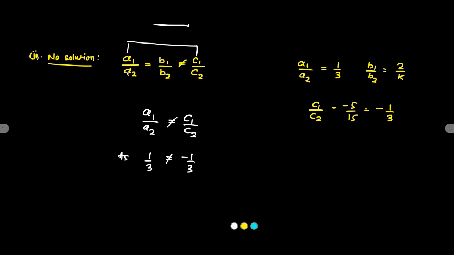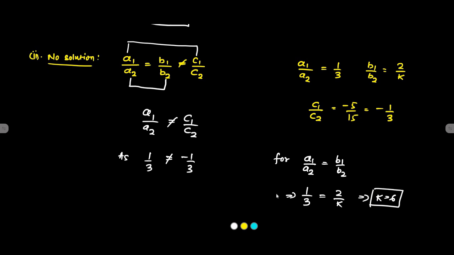Now what we need is to satisfy the other condition, a1 by a2 equal to b1 by b2. For what value of k will a1 by a2 be equal to b1 by b2? That implies 1 by 3 is equal to 2 by k, which implies k is equal to 6.